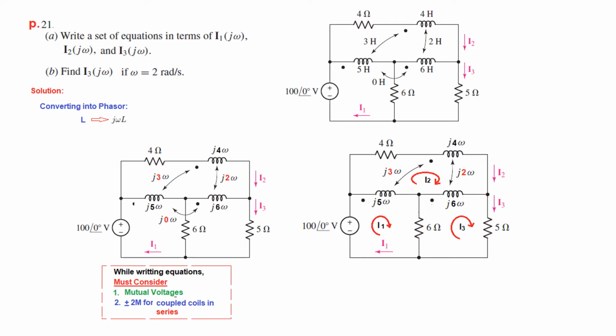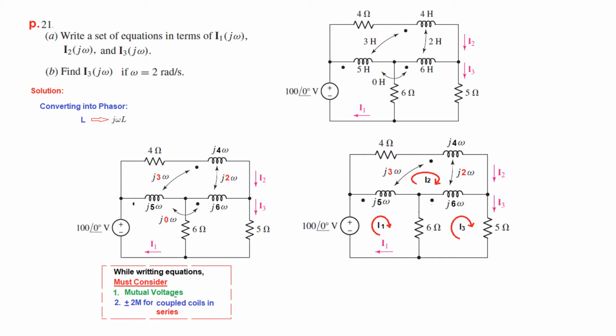While writing the equations or redrawing the circuit, we have to keep these two points in mind. We must consider the mutual voltages, and we also must consider or add plus minus 2M for coupled coils in series. Now what do these two terms mean? Let's explain. These two coils are coupled through this mutual inductance, so there will be a voltage here due to current flowing through this coil.